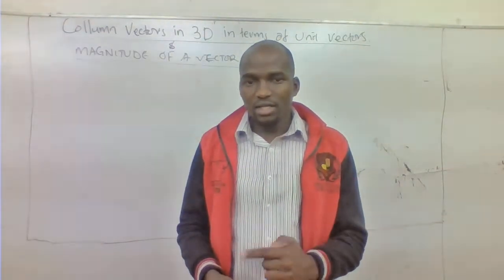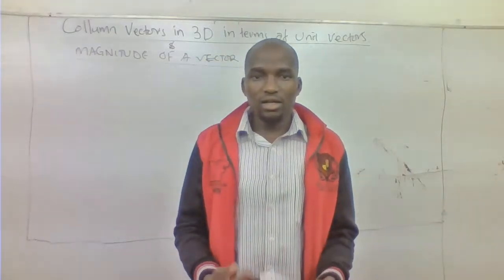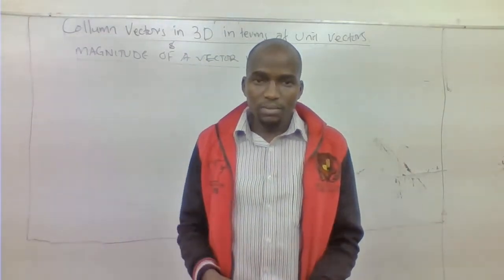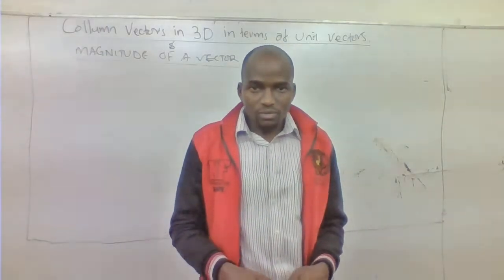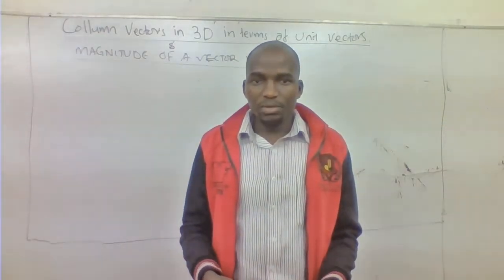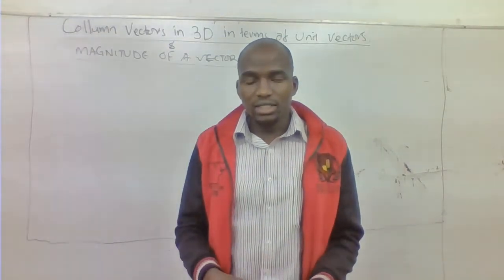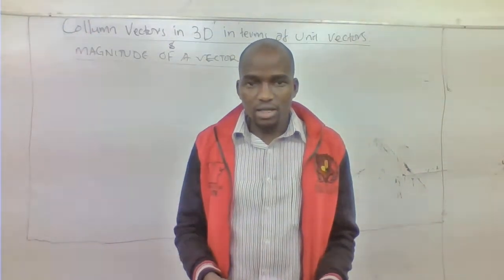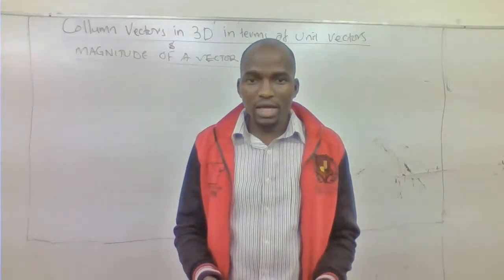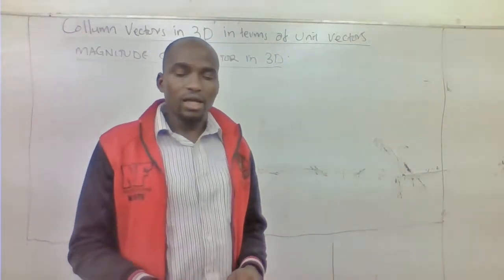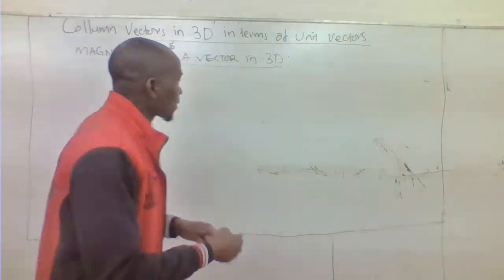I, J and K represent unit vectors in 3 dimensions, where K represents unit displacement along the z-axis, J represents displacement, that is 1 unit along the y-axis, and the first one, I, represents displacement along the x-axis. I'm going to draw the 3 axes here so that they can help us express the unit vectors.